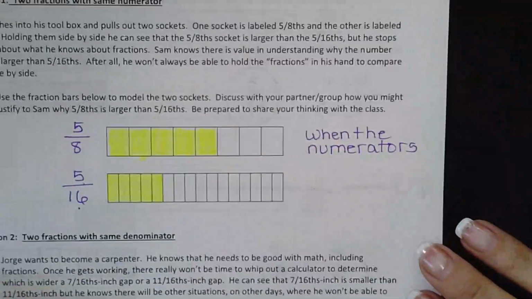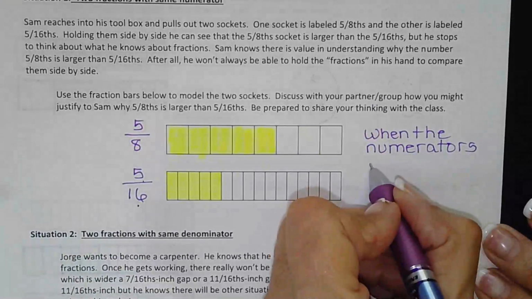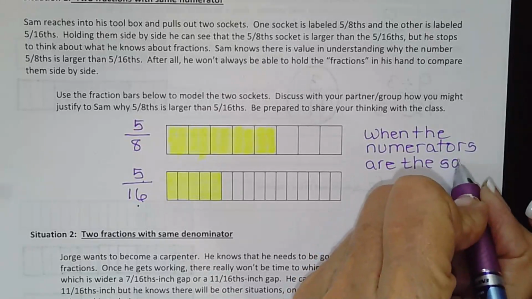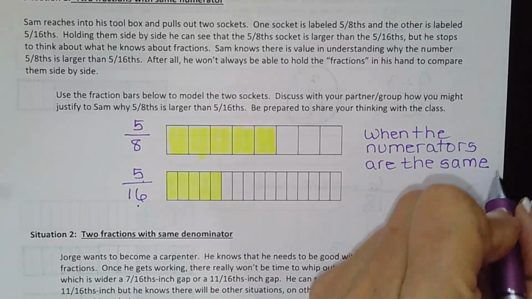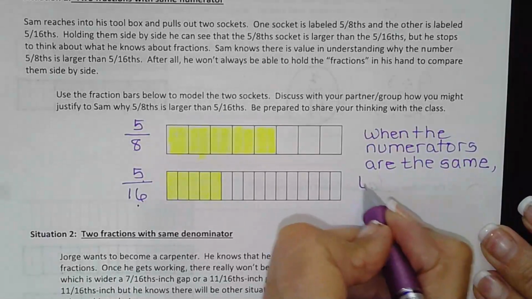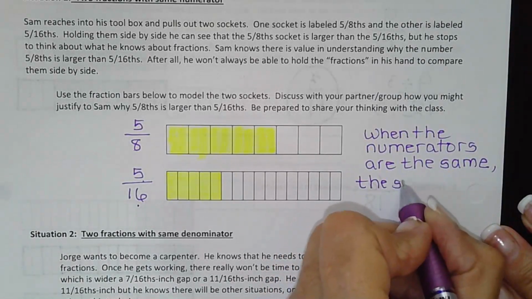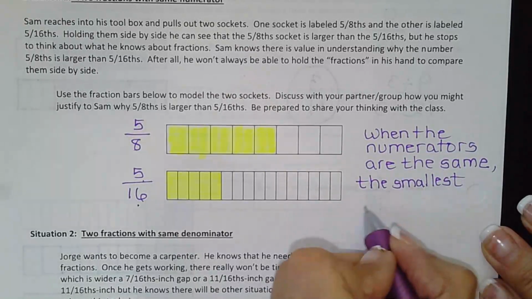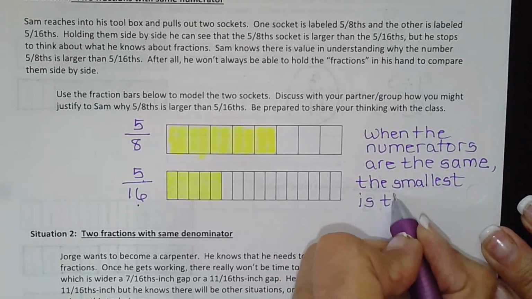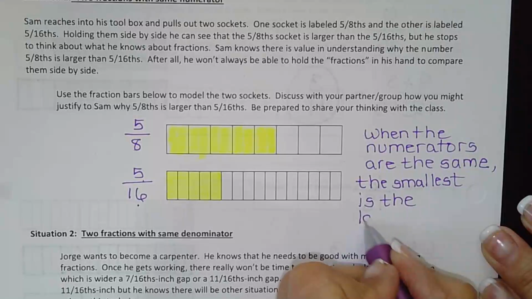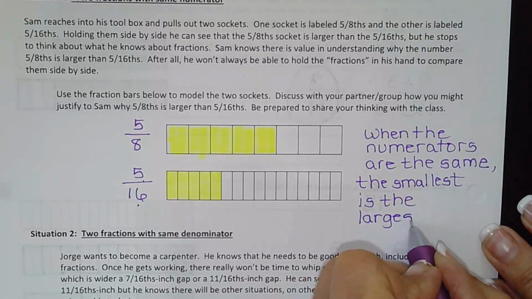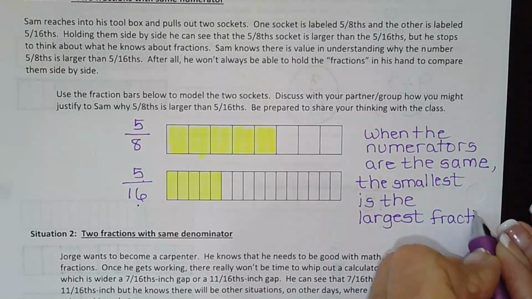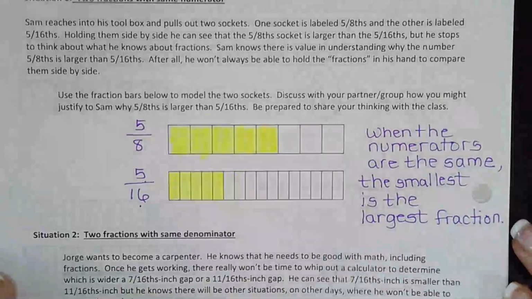So when the numerators are the same, the smallest denominator is the largest fraction. And that's because you're closer to 1. So whichever fraction's closer to 1, that's your largest fraction.